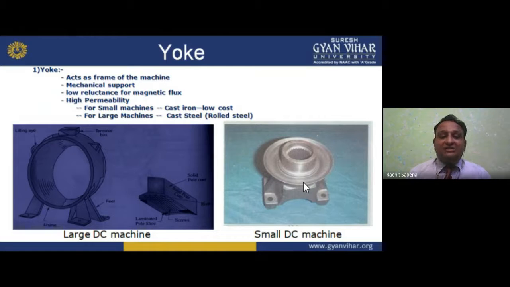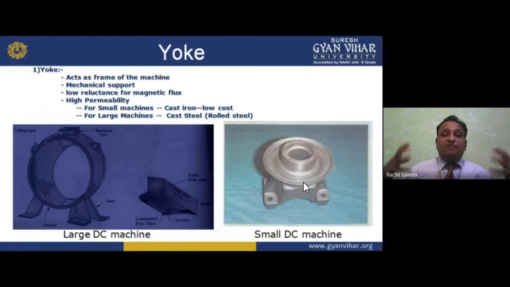It gives mechanical support to all components of the DC machine. So many components we have. Then it gives low reluctance for magnetic flux. If reluctance is higher, then magnetic flux is lower, because reluctance is a property of magnetic material which opposes the creation of flux.